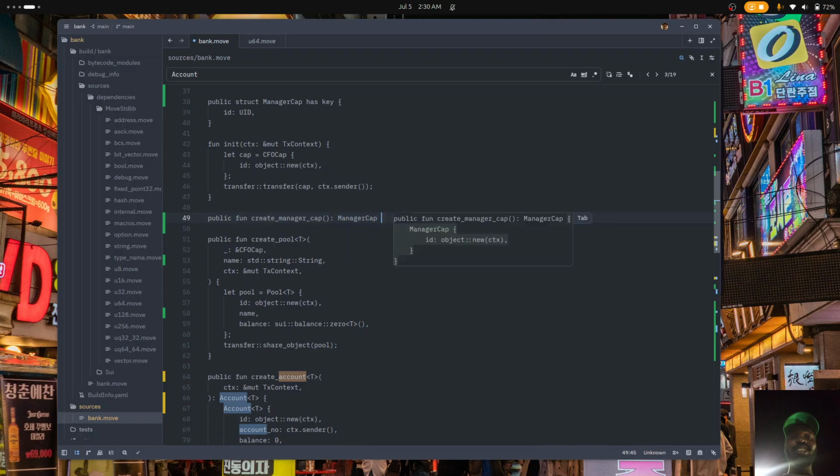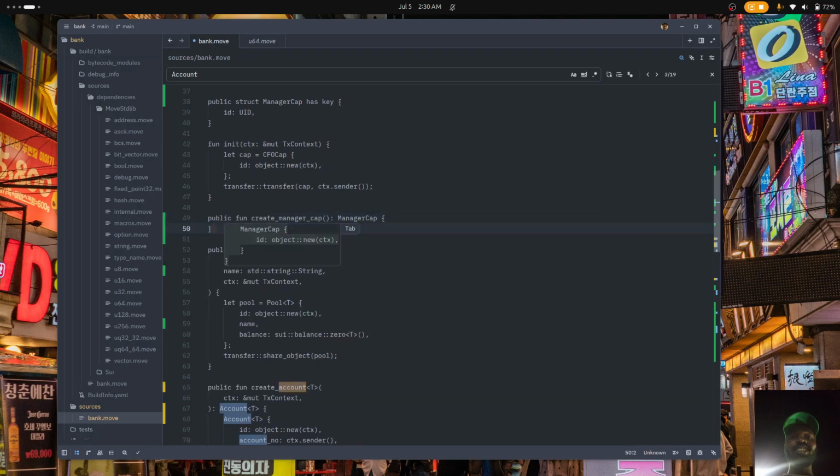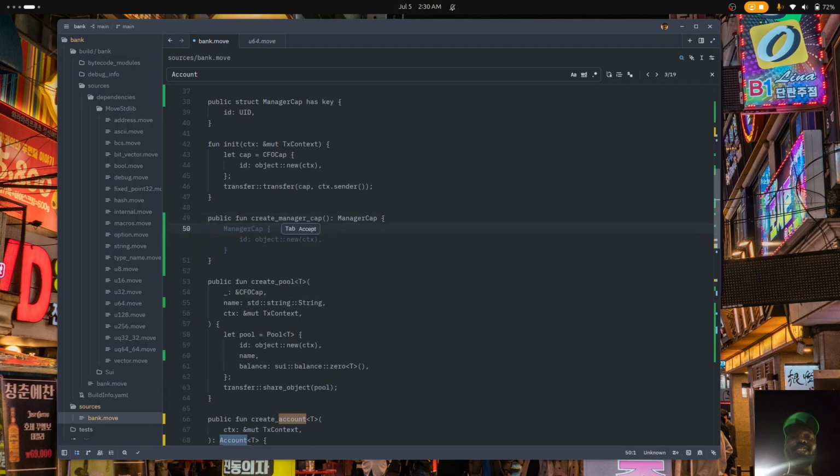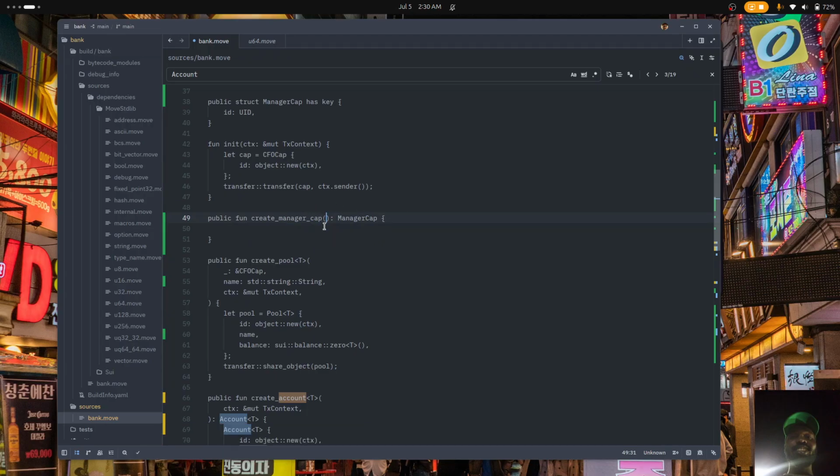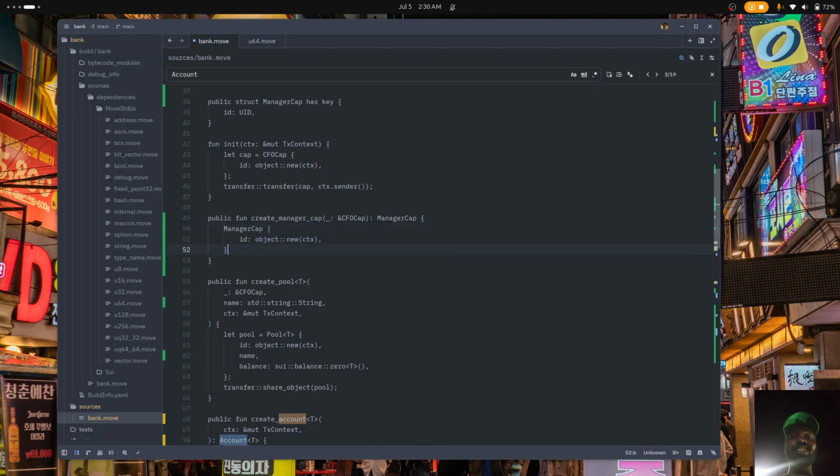If this is more of a protocol, I think, okay, I can call it and still take it away. I mean, I don't want to transfer it. So what's my criteria to be able to call this? The only person that can call this is just the CFO. So the CFO creates managers, right?